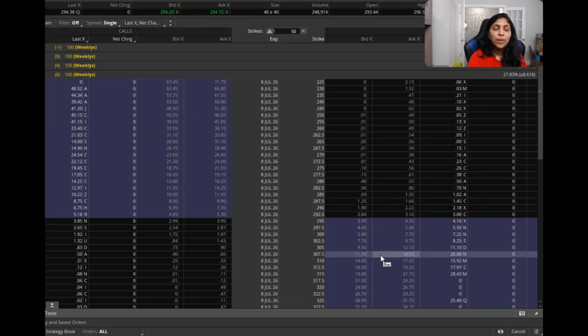Again, one more time, let's try to understand using this option chain. This is at the money, where exactly the stock price is trading. Anything below the stock price is called in the money. Anything above the stock price, this side, is out of the money. Now we'll see the put side. On the put side, you are expecting the stock to go down.